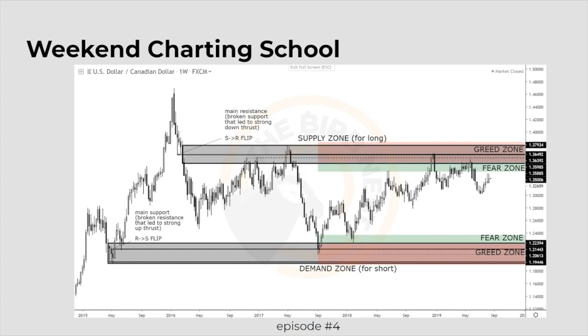There must be a strong resistance zone for the market, and so we would go in fear to take profit safely, or in greed to take profit in a more aggressive way. And if we reverse that for the short orders, then we would mark the main support congested zone as well, leading from the left side to the right.